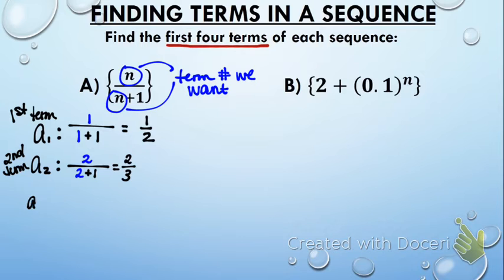How do I find the third term? So what is my third term? 3/4. What about the fourth term? 4/5, yes.